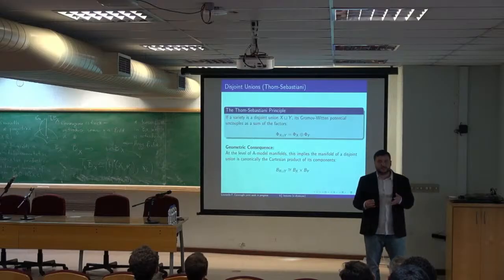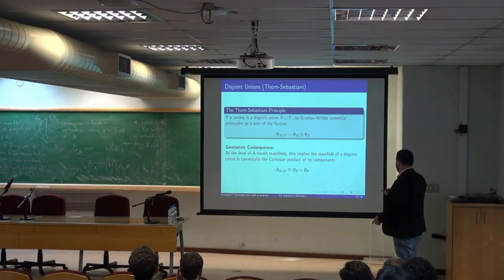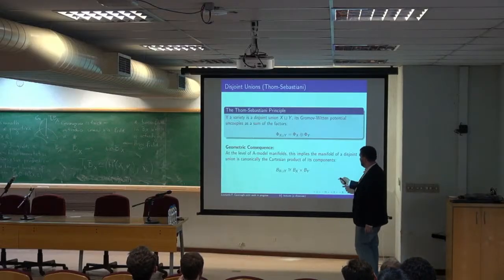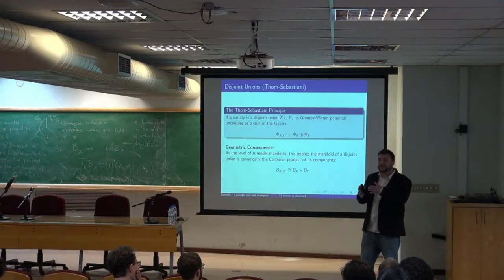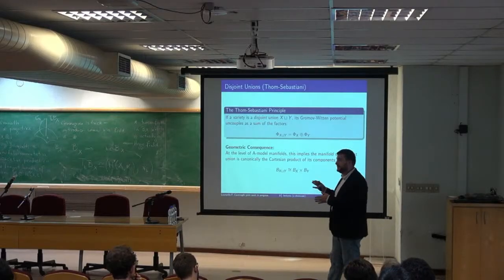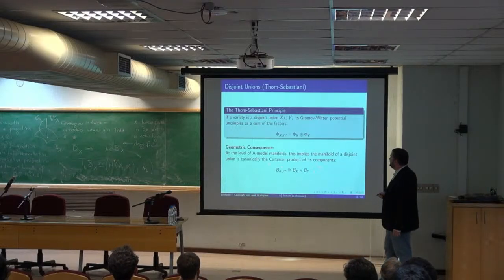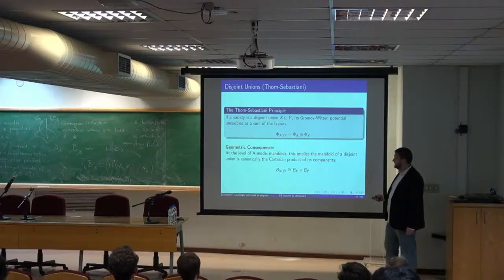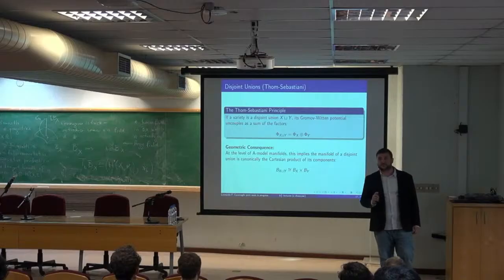The question is, what is the Gromov-Witten potential of their disjoint union? And you can define this as this external sum. In the same way that people who know hypersurface singularity theory have this Thom-Sebastiani type of theorem. You just add more variables that are independent, right? And the key geometric consequence out of this is that this A model manifold for this product actually is identified with the A model manifold of the disjoint union.